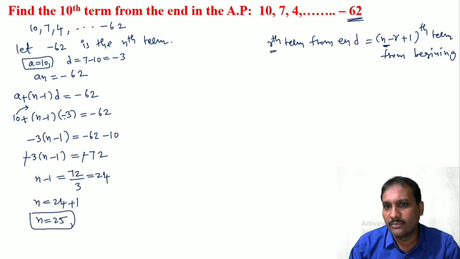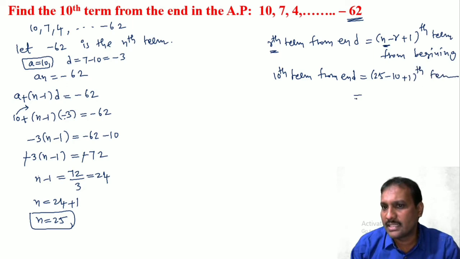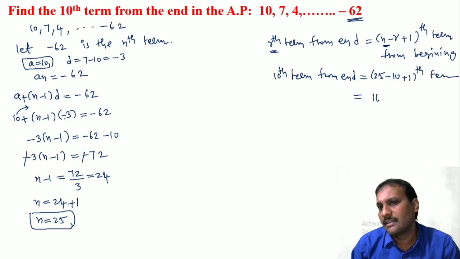So the rth term from the end. We need the 10th term from the end, which is n minus r, n is 25 minus r, 10 plus 1th term from the beginning. So that is 25 plus 1, 26 minus 10, the 16th term, that is A16.